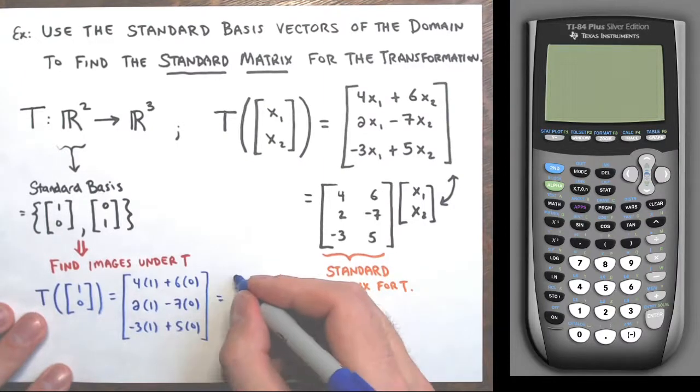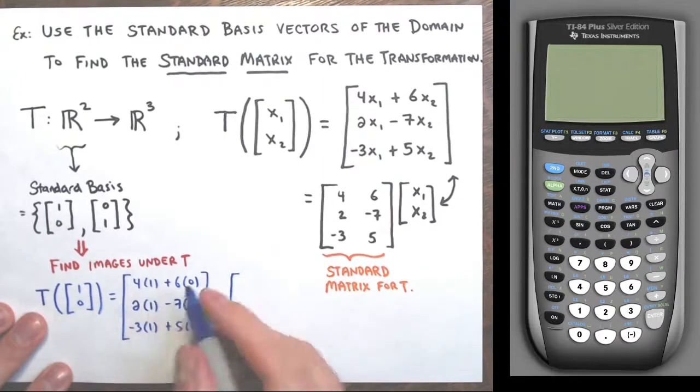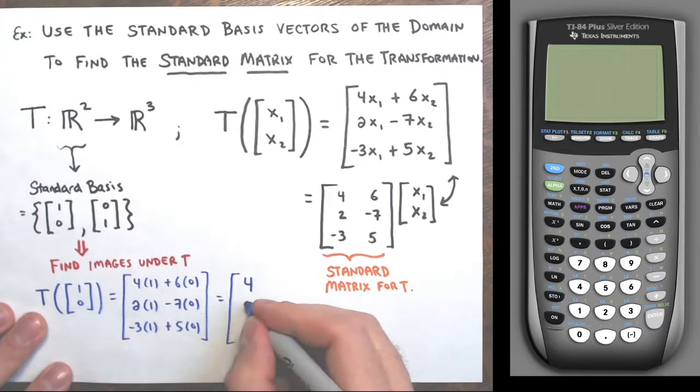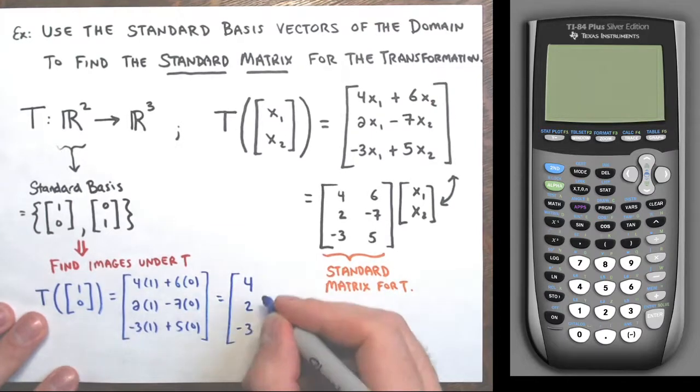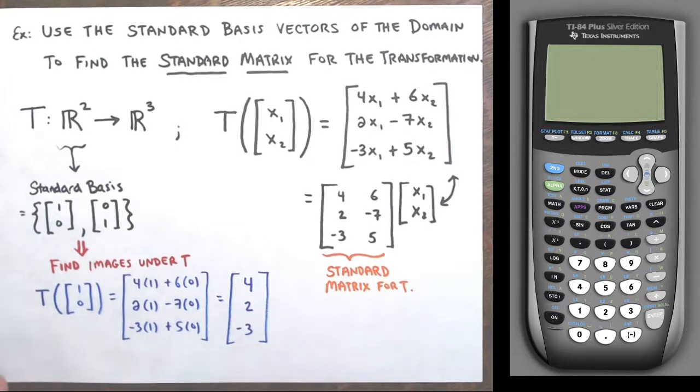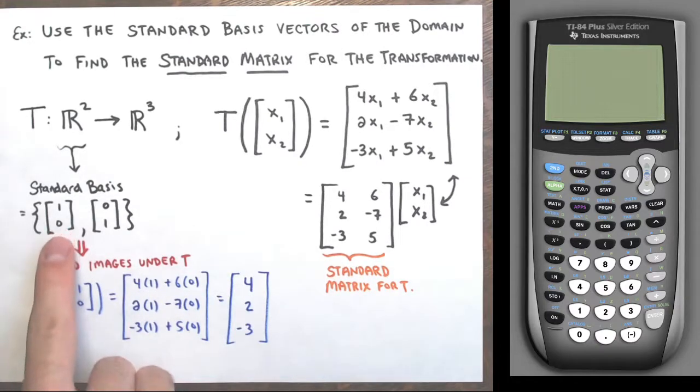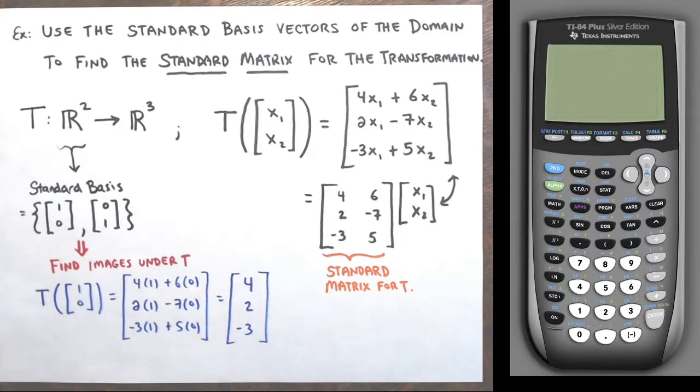And do you see what this is? That's just 4, 2, -3. And this image, which is the image of the first standard basis vector, is going to be the first column of the standard matrix for T.